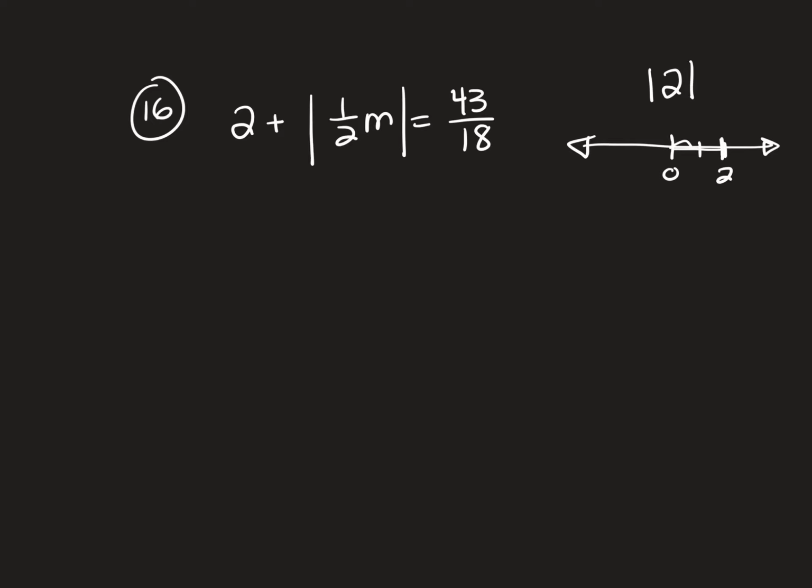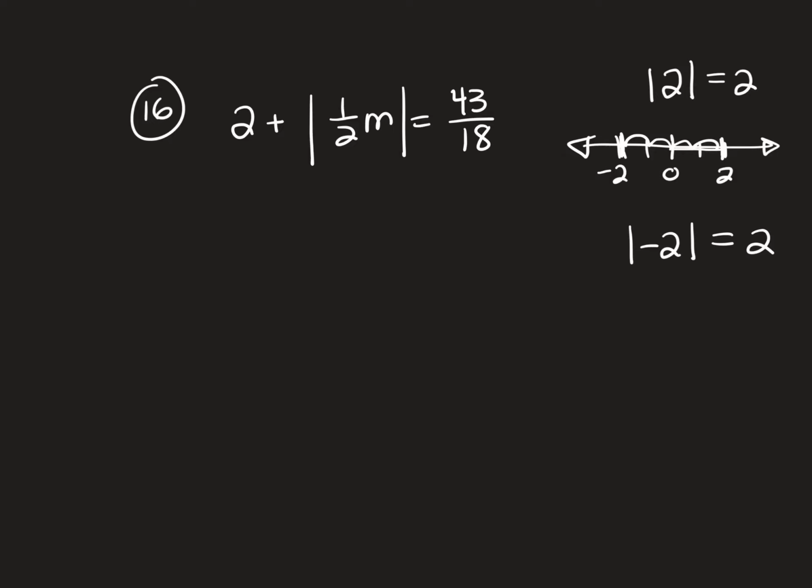That's 2 units away from 0, so that's just 2. But if I then asked for the absolute value of negative 2, here's negative 2. What's the distance from 0 for negative 2? Well, it is also 2.